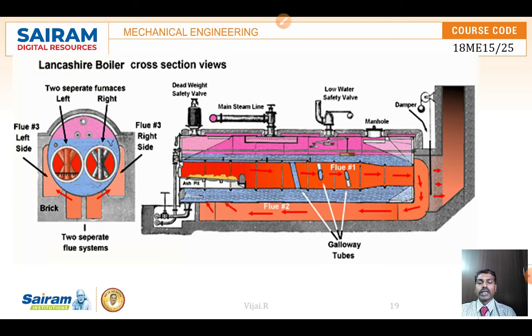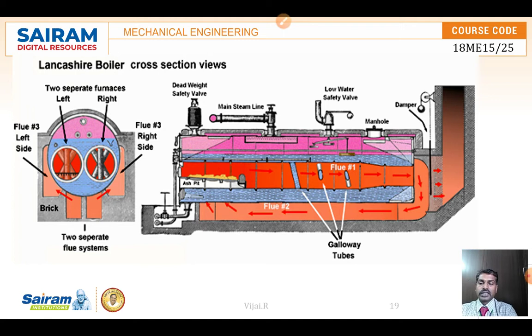The hot flue gases pass through the bigger tubes, the Galloway tubes, and baffle plates make the gases pass very slowly and heat the water. The water gets heated and becomes steam. The pink area is the steam.